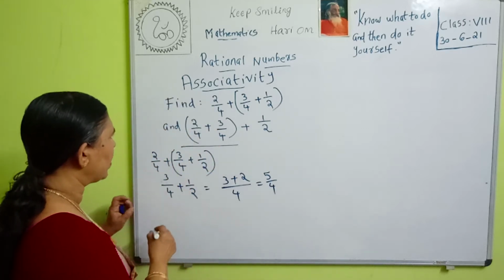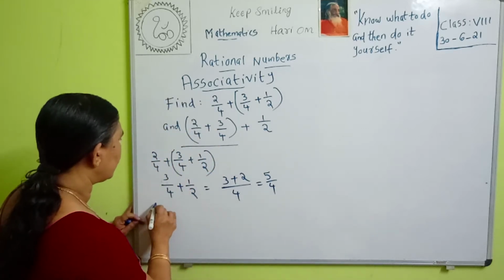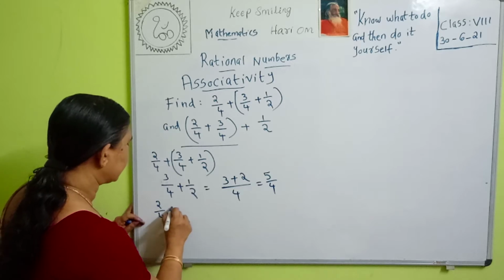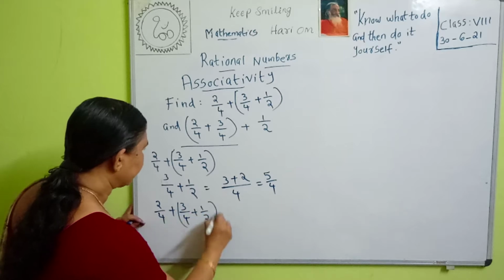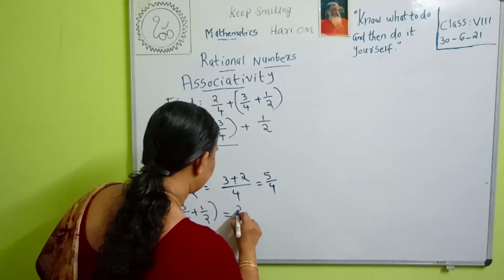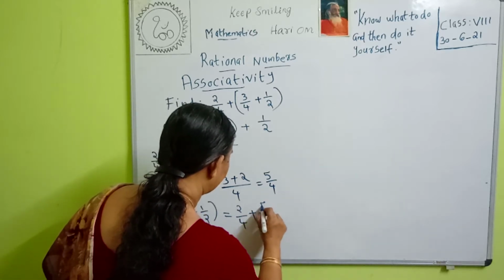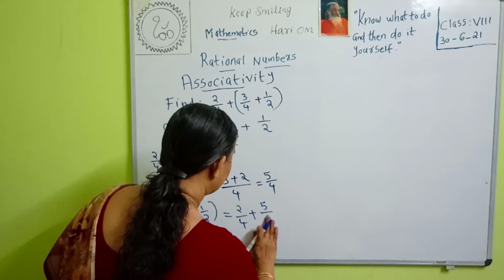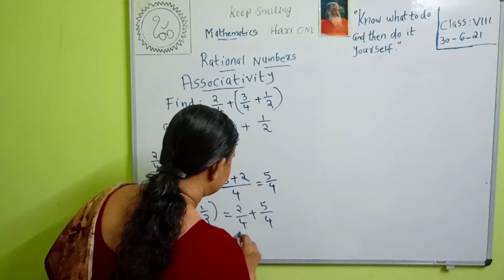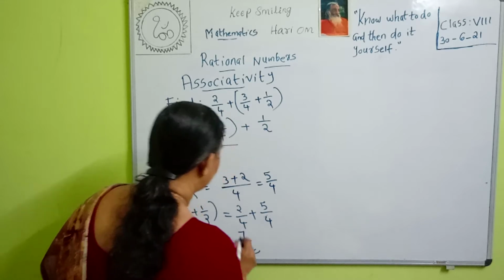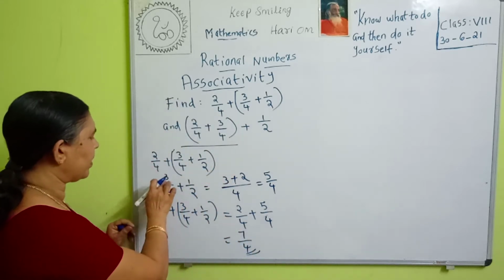Then we add 2 by 4 plus 5 by 4, that is equal to 7 by 4.